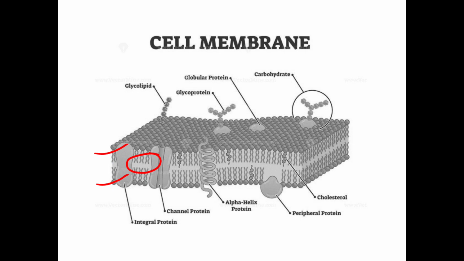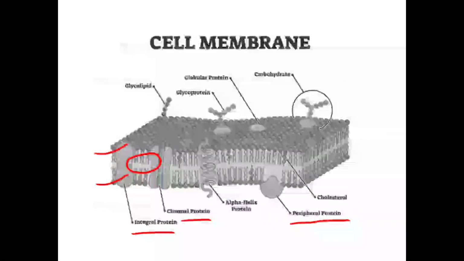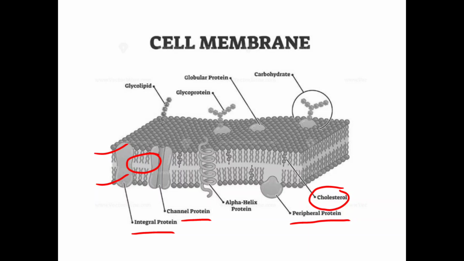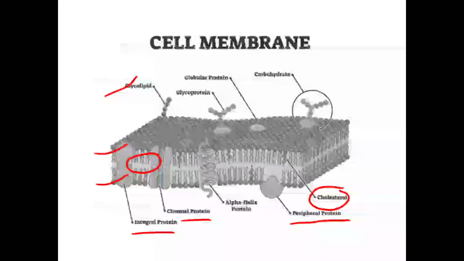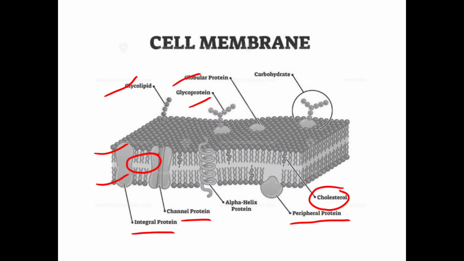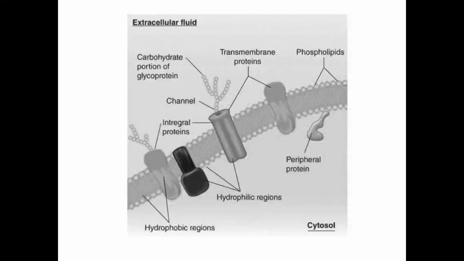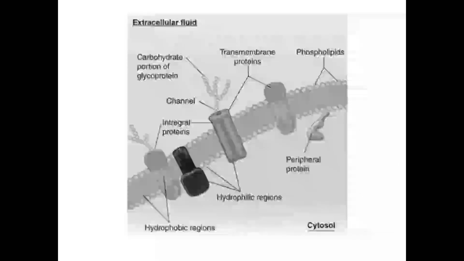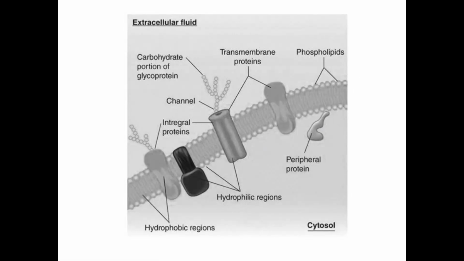It is also showing different parts of the cell membrane, that is integral proteins, channel proteins, peripheral proteins, the cholesterol inside, and also some of the attachments like glycolipids, glycoproteins, globular proteins, and carbohydrates. This is another example of a cell membrane showing different types of proteins, which includes integral proteins and peripheral proteins and some attachments.